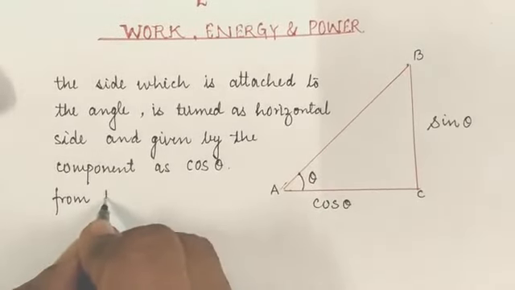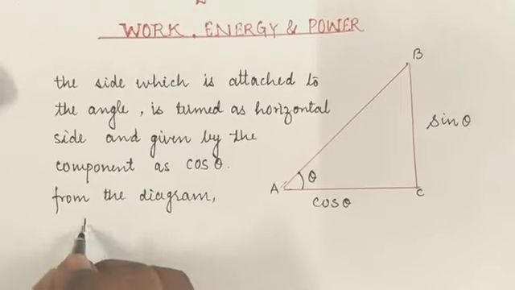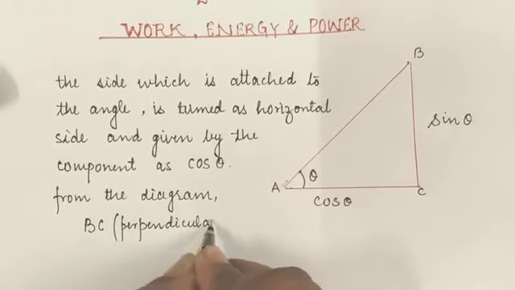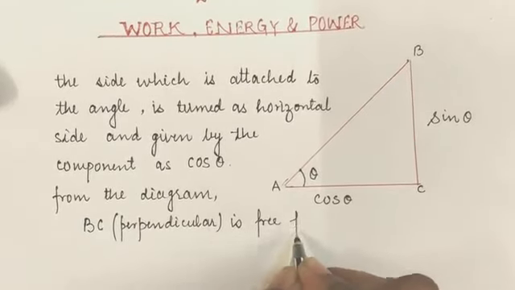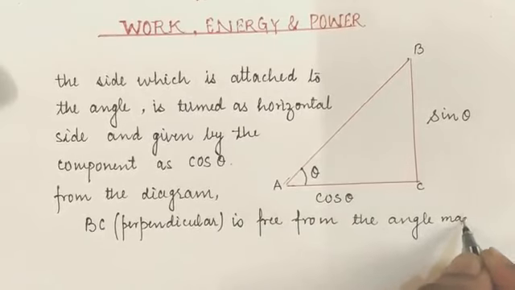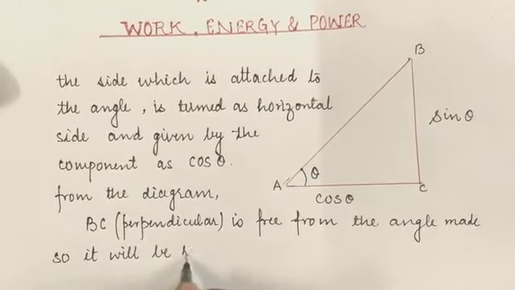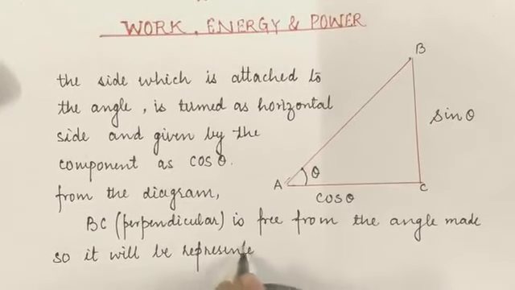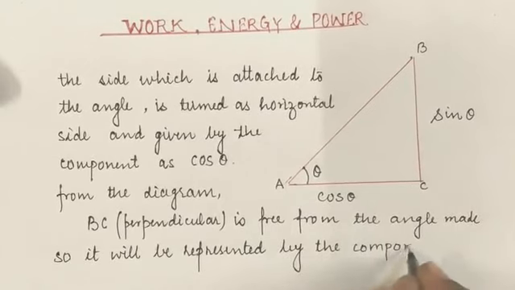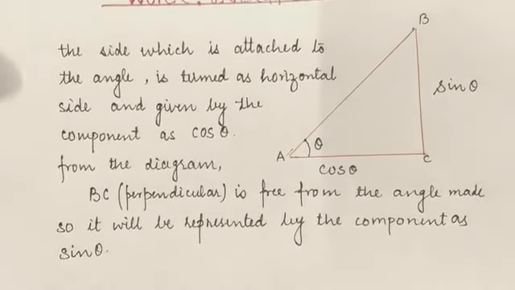So from the diagram we can observe that BC, which is perpendicular, is free from the angle made, so it will be represented by the component sin theta.